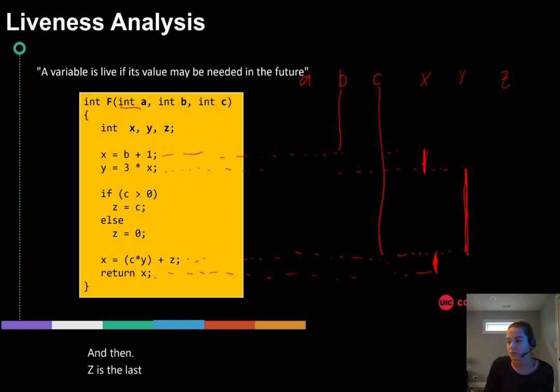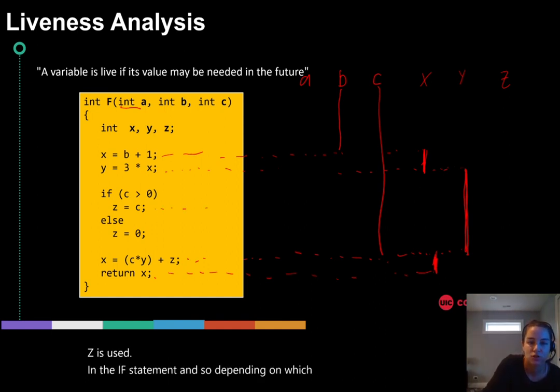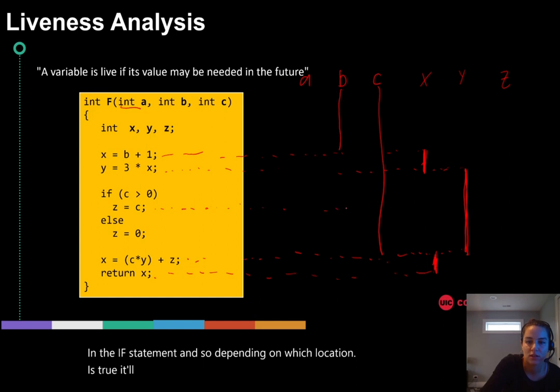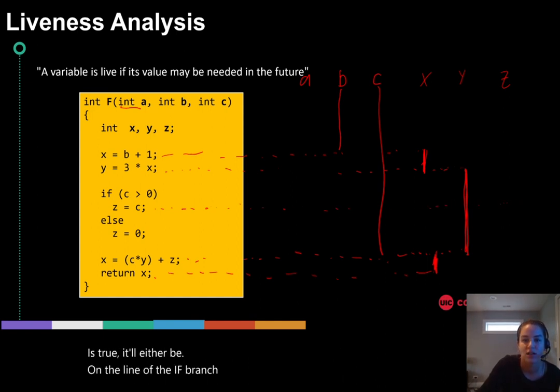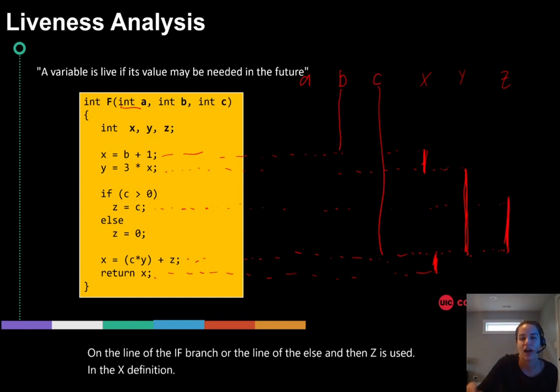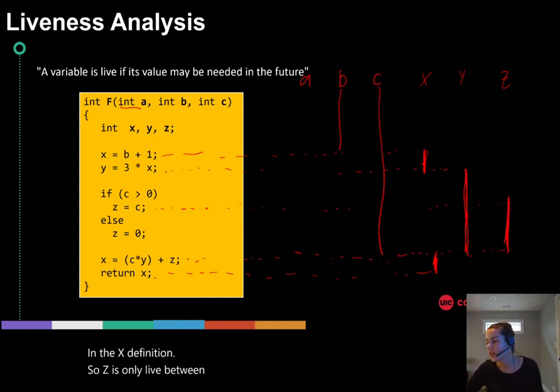So Z is used in the if statement, and so depending on which location is true, it'll either be on the line of the if branch or the line of the else. And then Z is used in the X definition. So Z is only live between the if-else branch and the definition of X below.